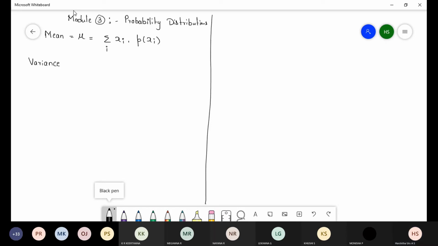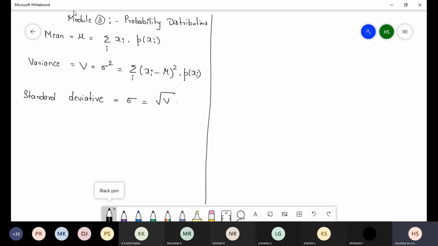Variance we will denote as V or sigma square, that is equal to summation of (xi minus mu) whole square into p of xi. Next, standard deviation. This one we will call sigma, that is the root of variance.